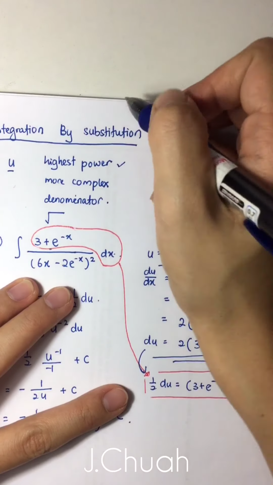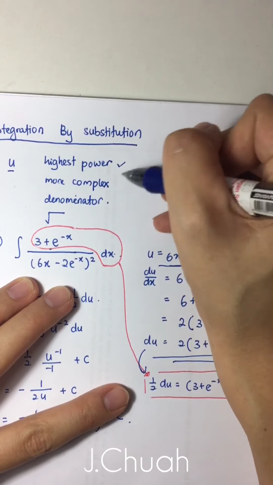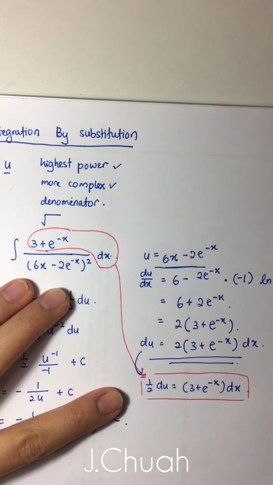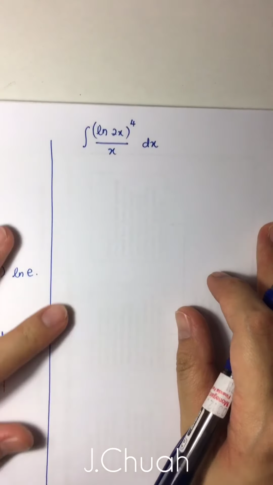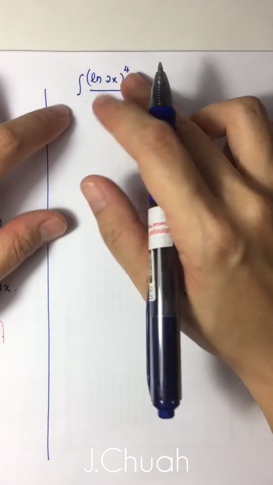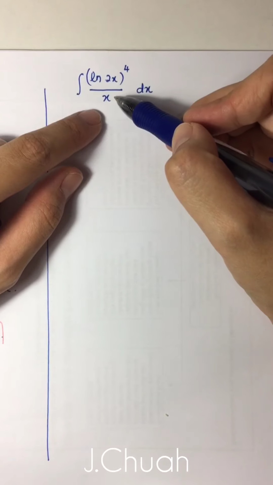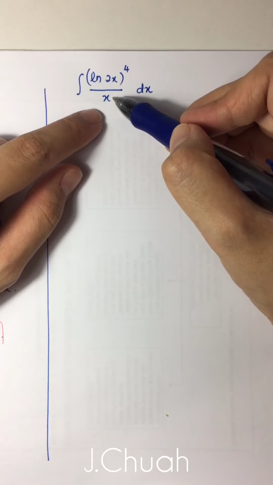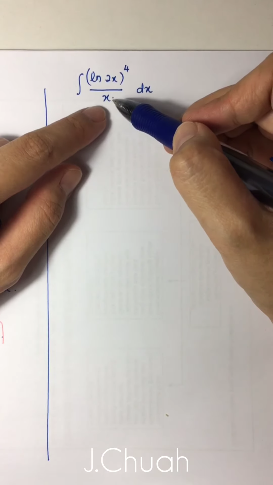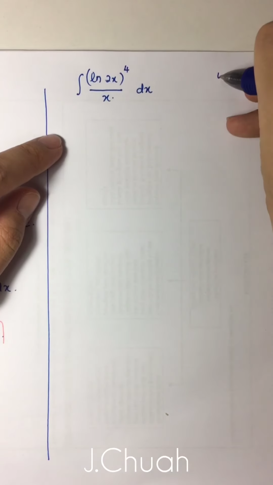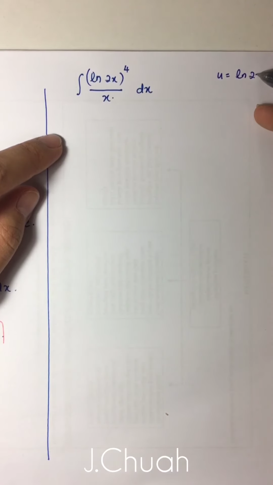For the second question, we will do the more complex one. So the example I will use is this one. What we will see here, obviously the ln part will be more complex than the polynomial x. So take u as ln 2x.